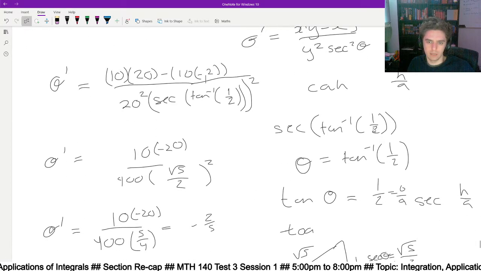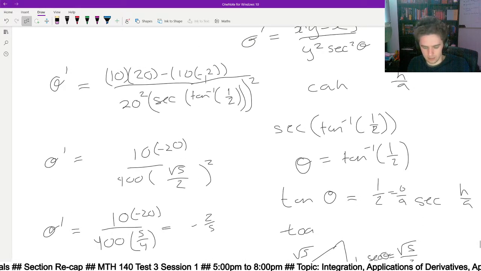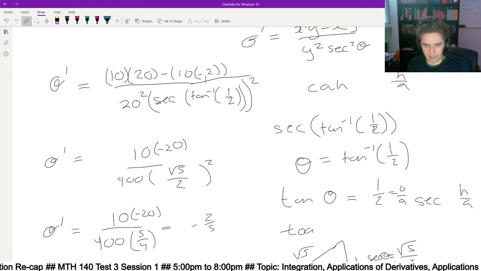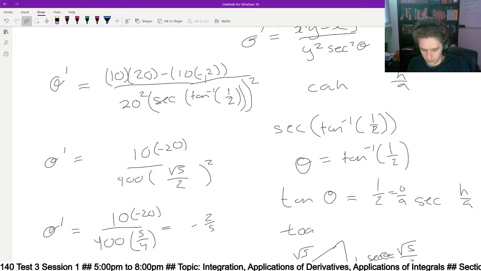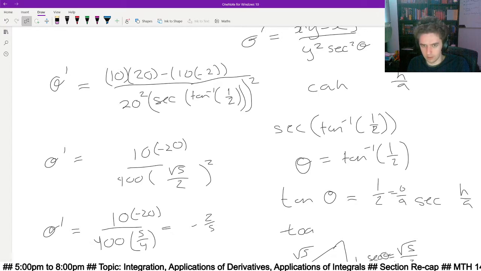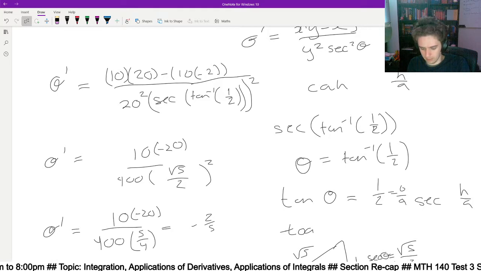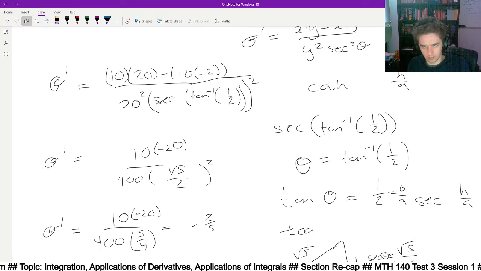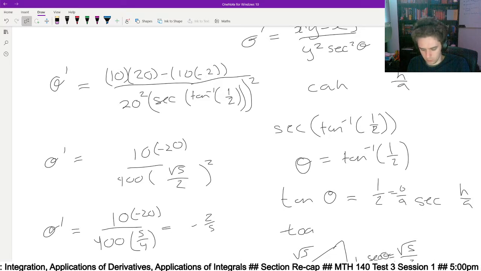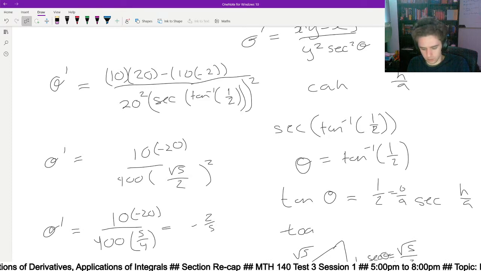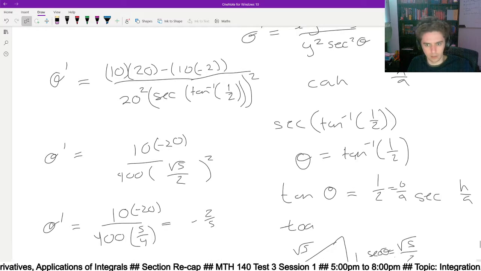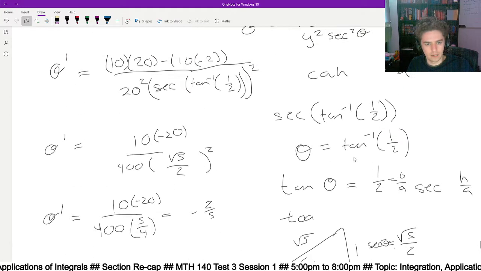Never mind, I did square it. Did I do this right? Secant, if I just, well, no, I can't just type that in, can I? Well, 1 over cos of tan inverse of a half. Answer is root 5 over 2. Yeah, okay, so I did this whole thing right. That is root 5 over 2.